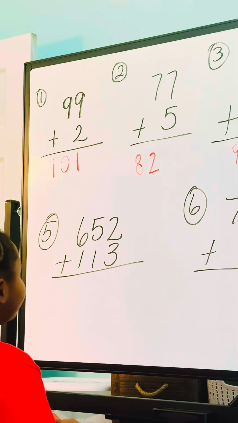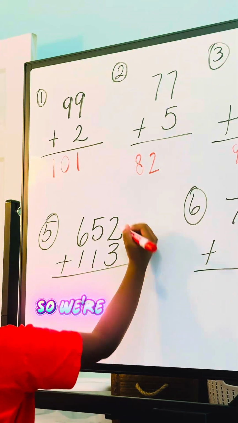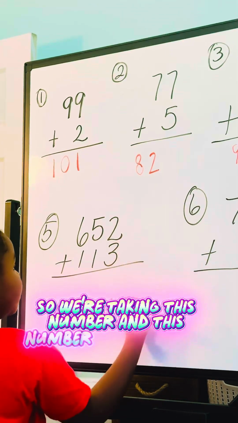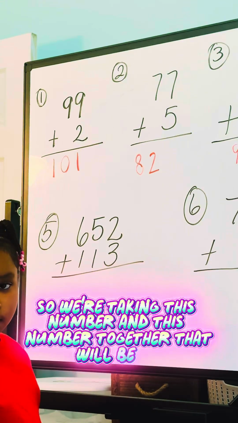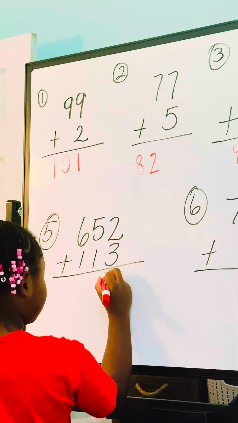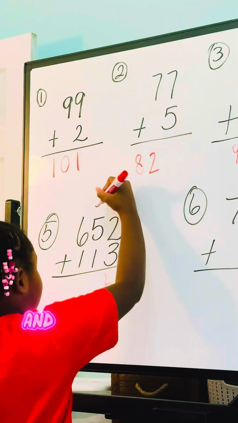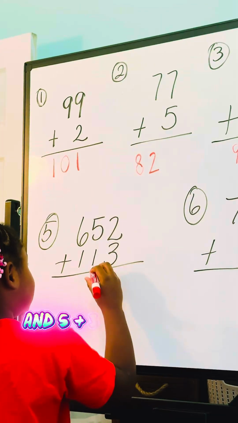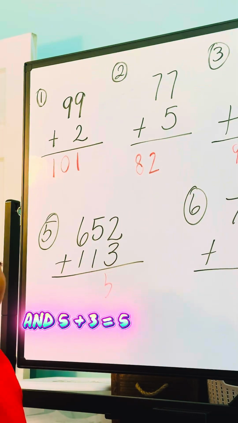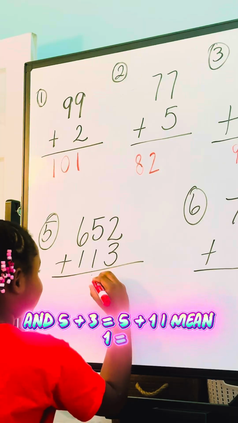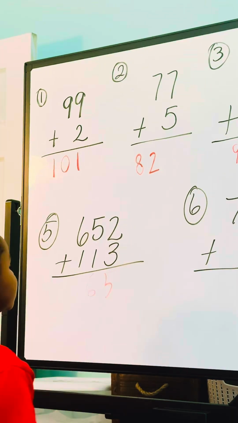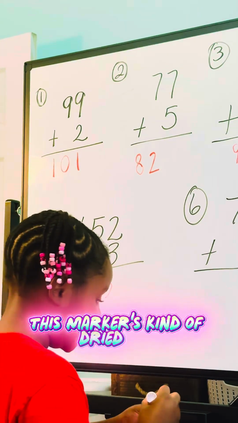Okay? So we're taking this number and this number. Together that will be 5. And 5 plus 1 equals 6. And this marker's kind of dried out.